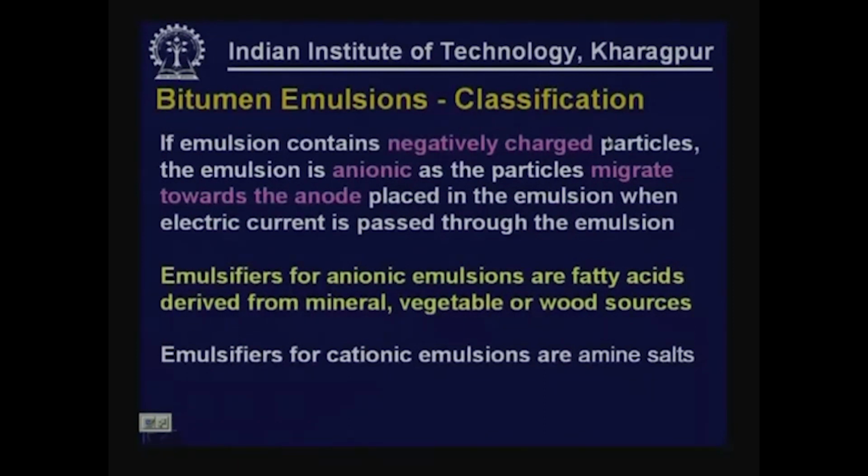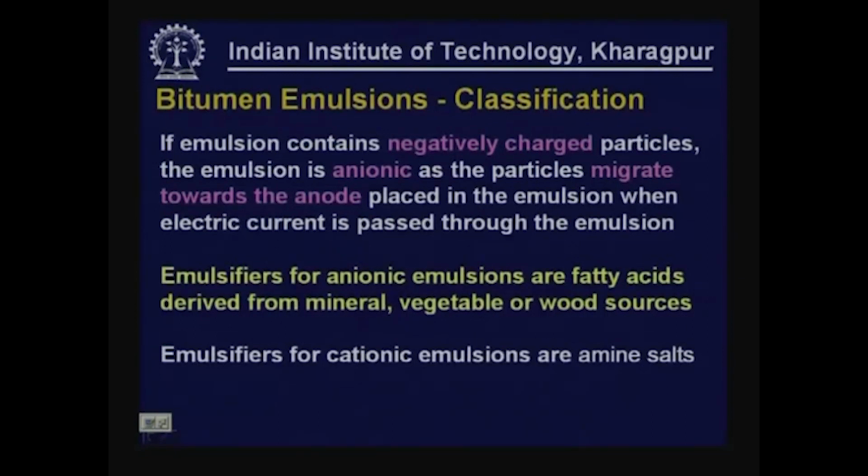If the emulsion contains negatively charged particles, as we indicated earlier, the emulsion is anionic, as the particles would migrate towards the anode placed in the emulsion when electric current is passed through it. If we put electrodes in the emulsion and pass current through it, the bitumen particles, because of their charge, will migrate towards the anode.